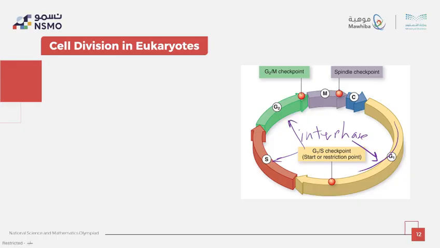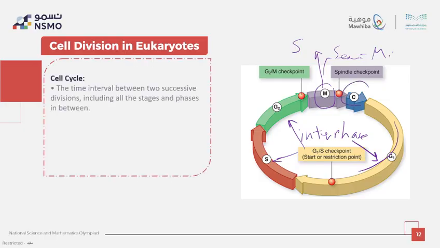The second one is mitosis if the cell is a somatic cell, but if the cell is a sexual cell, it will be meiosis, okay? And the third is cytokinesis.